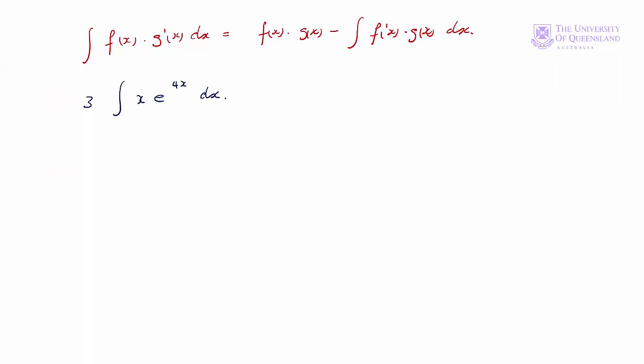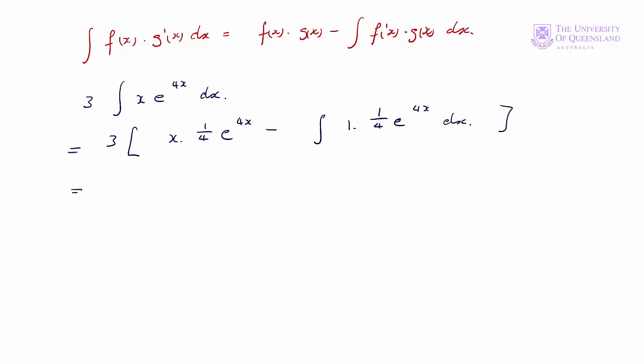Working with f of x equal to x and g prime x equals e to the 4x, we can substitute into our formula. That will equal 3 times, with a big bracket, f times g of x, well, that will be x times 1/4 e to the 4x, minus the integral of f prime x, well, that'll be 1, times g of x. g of x was 1/4 e to the 4x, and then dx, close the big bracket.